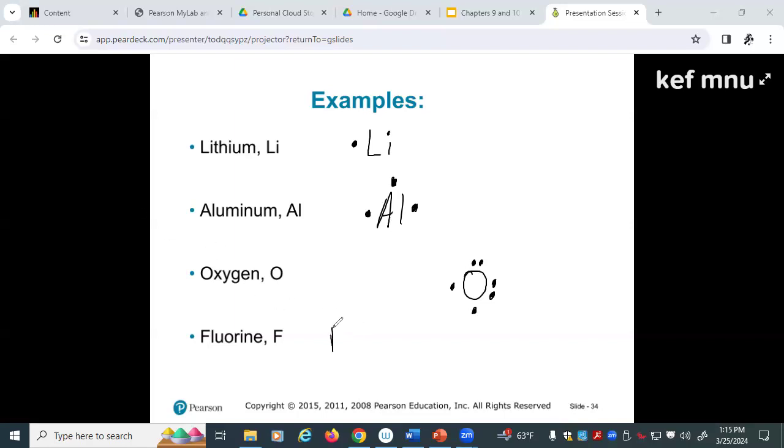Finally, for fluorine, symbol is F. Fluorine is a halogen, group 17, so 7 valence electrons. Where do they go? Again, doesn't matter. I just need to separate them. 1, 2, 3, 4, 5, 6, 7.